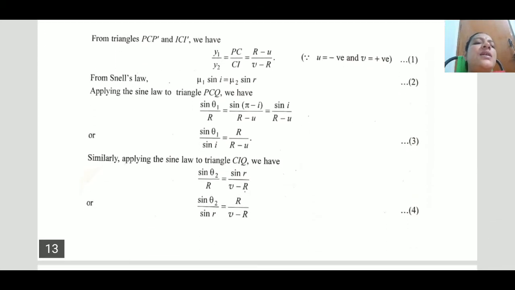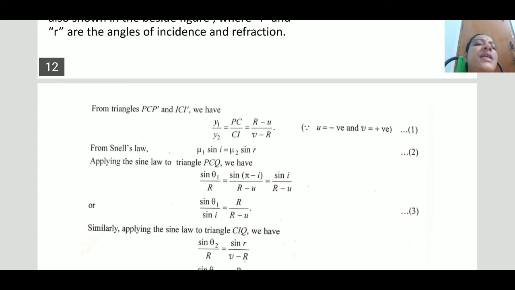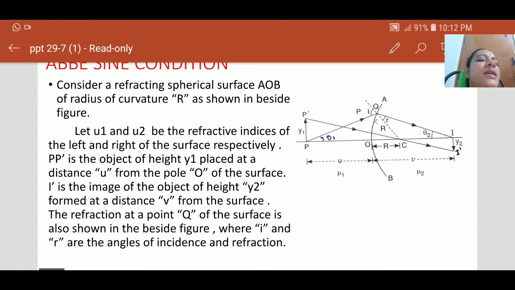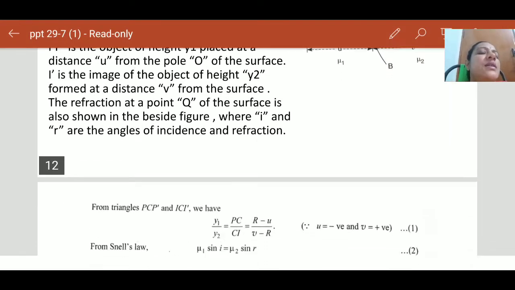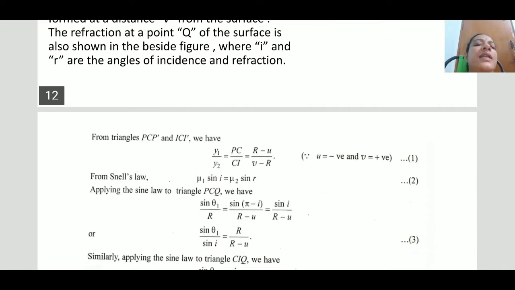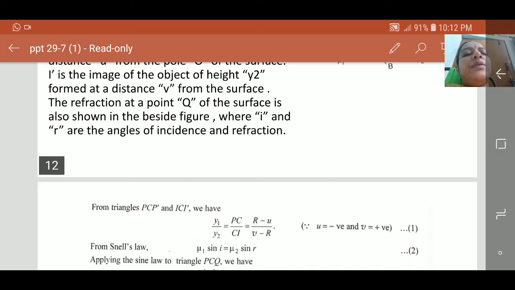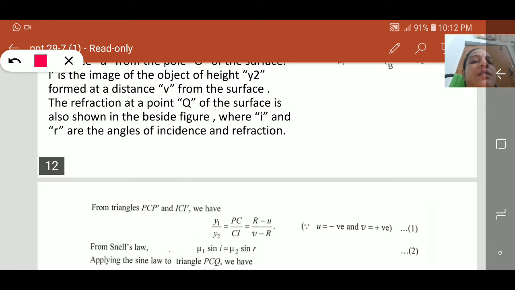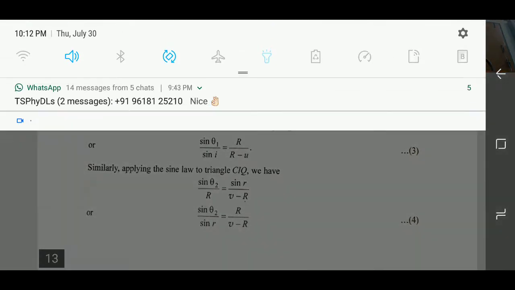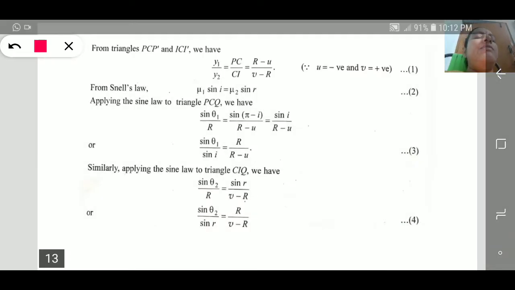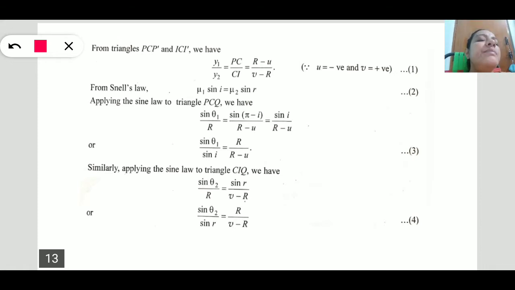Let us consider two triangles, PCP dash and ICI dash. By comparing the heights of the object and image, y1 by y2 is equal to PC by CI.